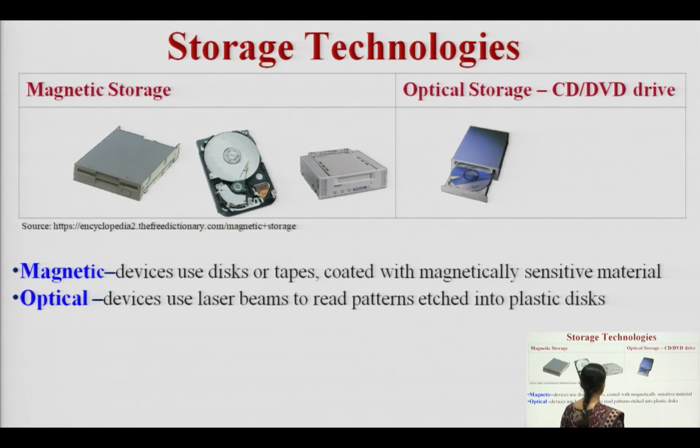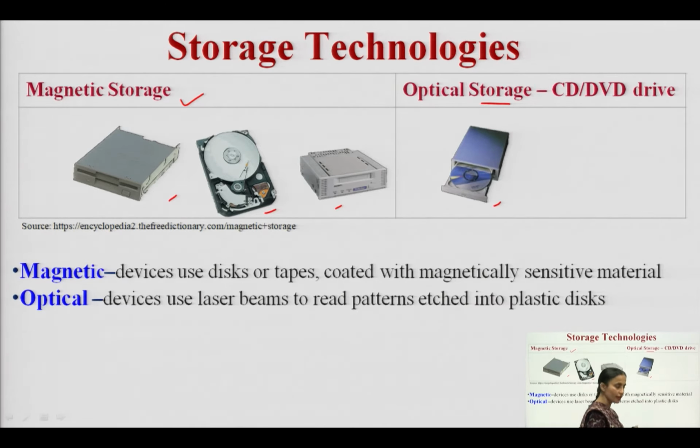Based on their types, we can divide all these auxiliary memories into two categories. One is known as magnetic storage, and the other is optical storage, for example a CD or DVD drive.